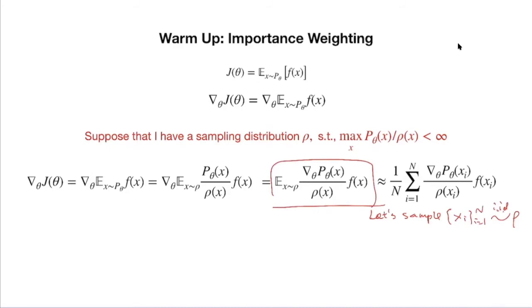So that's pretty nice, in the sense that I just use a uniform distribution and do this importance weighting trick. I multiply by rho x, I immediately divide by rho x, and now I can write the expectation using my sampling distribution rho. Now I can just sample points from rho, average them together, and get an unbiased estimate of the original gradient.